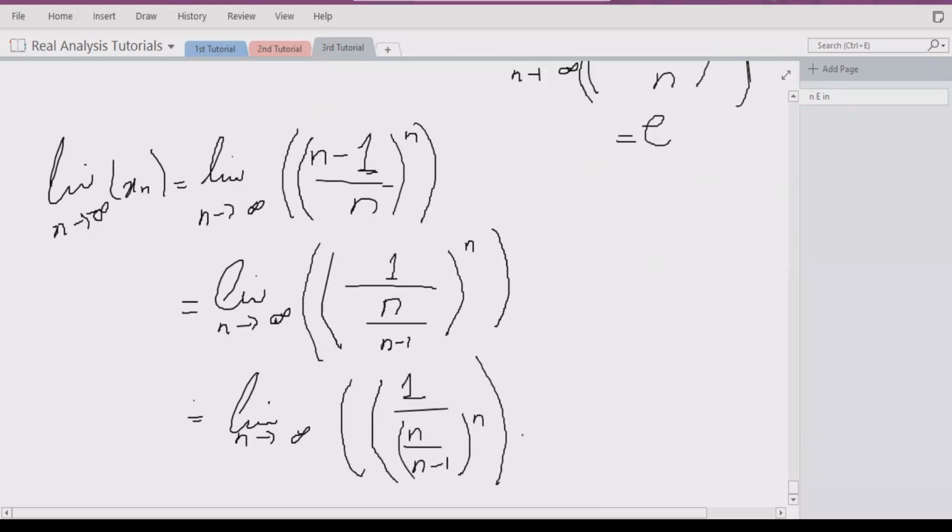Again, from here I can write this in the form 1 divided by n minus 1 plus 1.